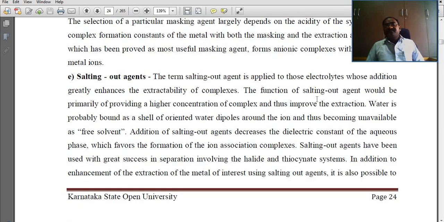The other term is salting out agent, applied to those electrolytes whose addition greatly enhances the extractability of complexes. The function of salting out agents is primarily to provide a higher concentration of complex and thus improve the extraction.